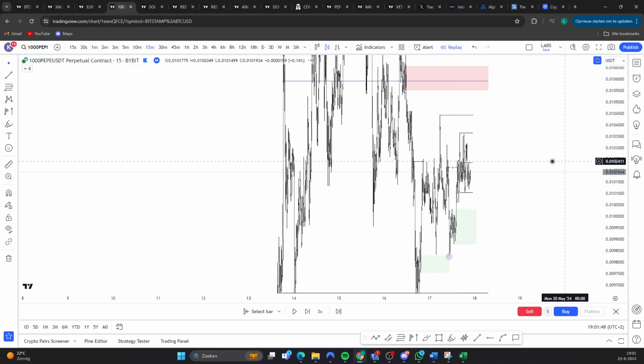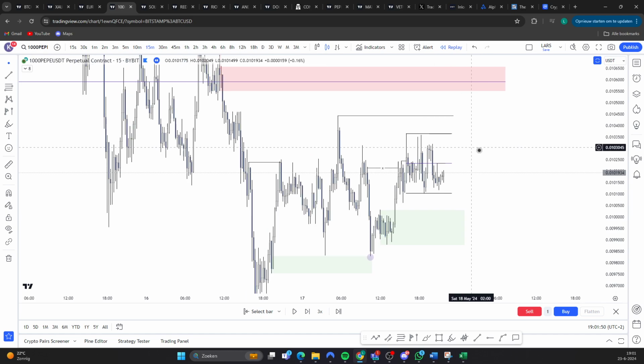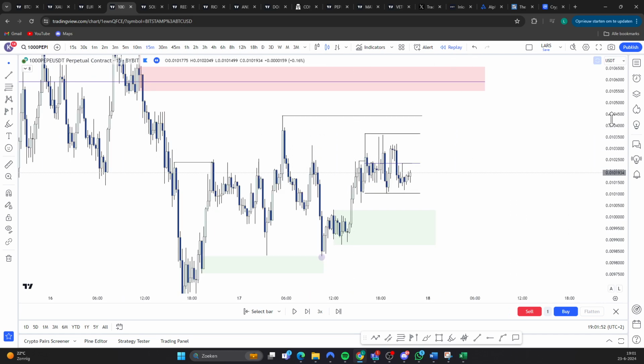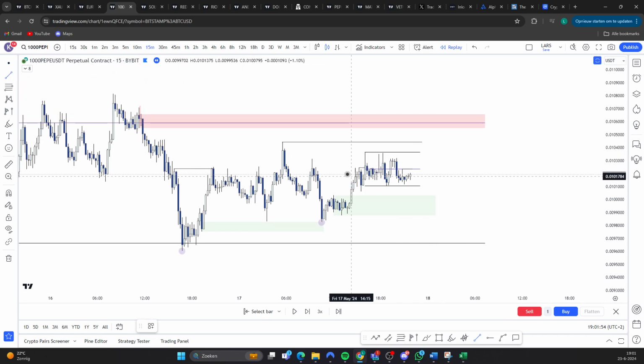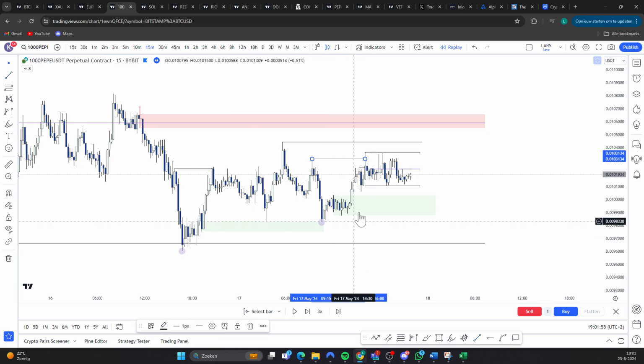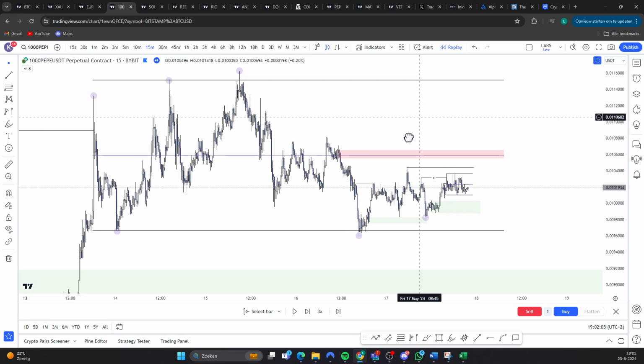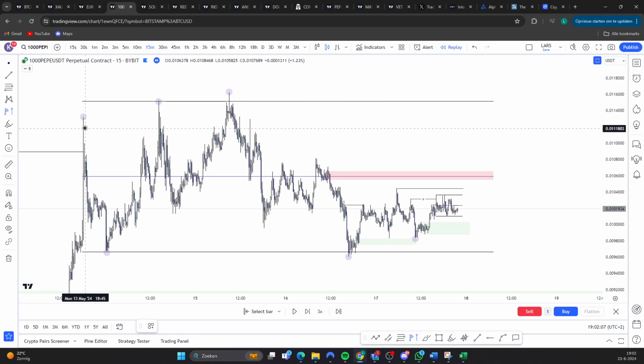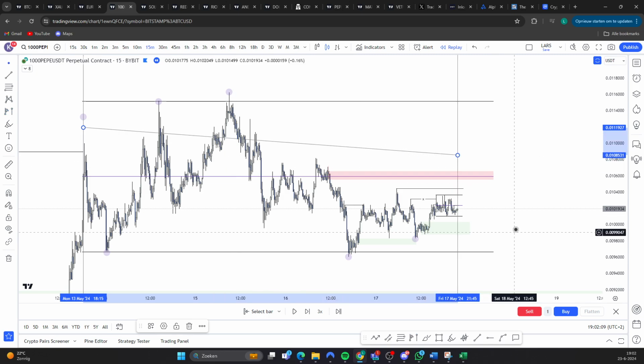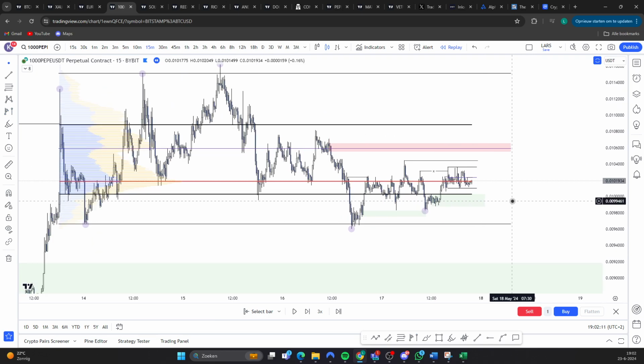Let's check the highest time frame; this range is valid. Important point, we SFP that internal high. That's looking pretty nice.